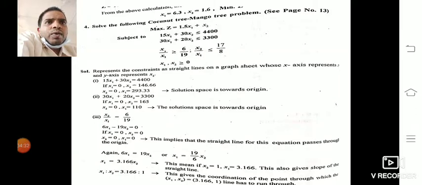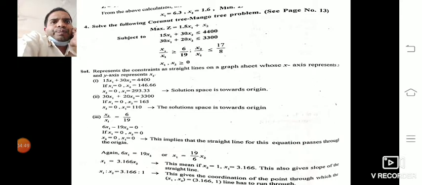Maximization: z equals 1.5x1 plus x2, and here we are given constraints. First, convert the inequalities into equations by replacing the less than or equal signs. There are four constraints.